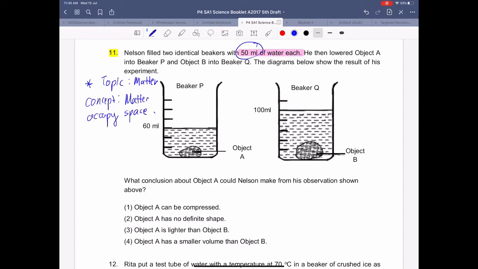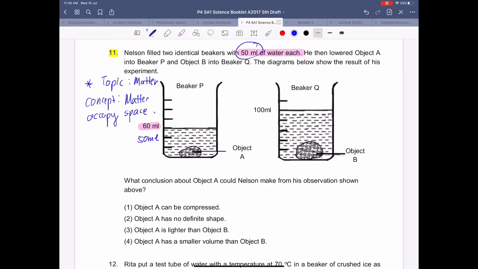So because they gave you the initial level, any increment has got to do with the amount of space taken up by the object. So for example, in object A, you know that it's at 60. However, the original amount, if you remember, is actually 50 ml.